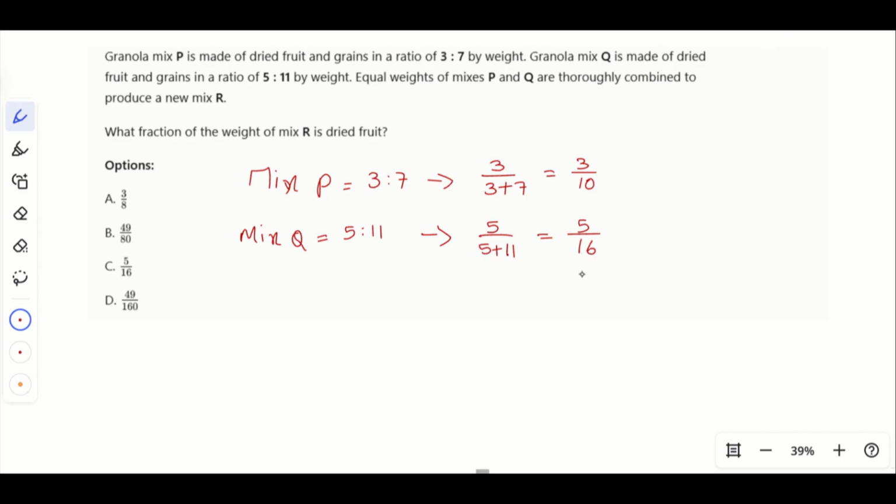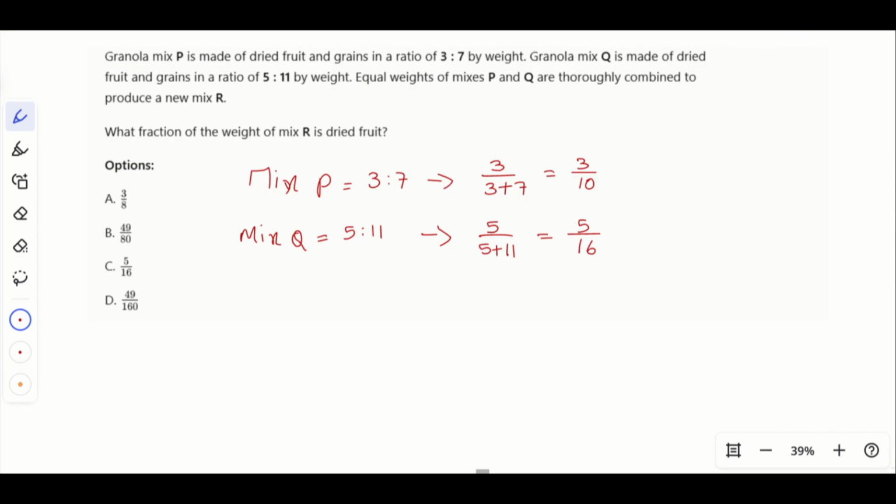Since equal weights of mixes P and Q are combined, let's assume 1 kg of each mix. So dried fruit in 1 kg of mix P will be 3 by 10 kg.